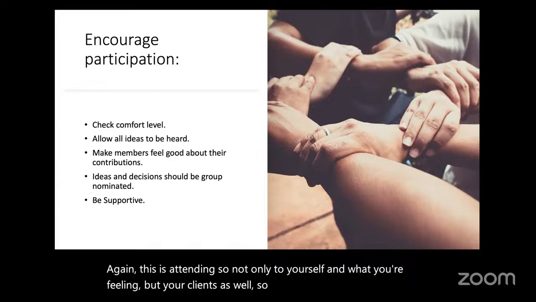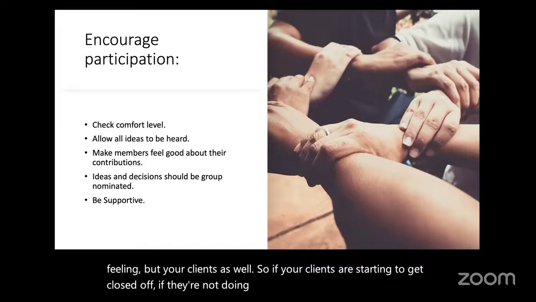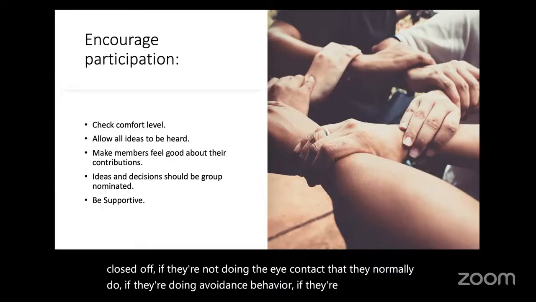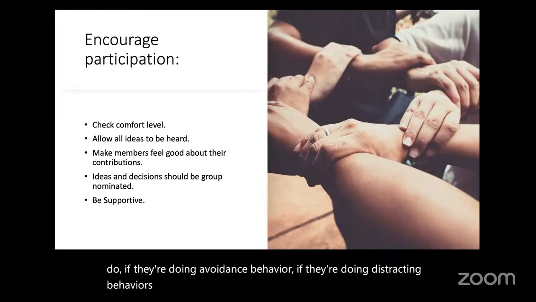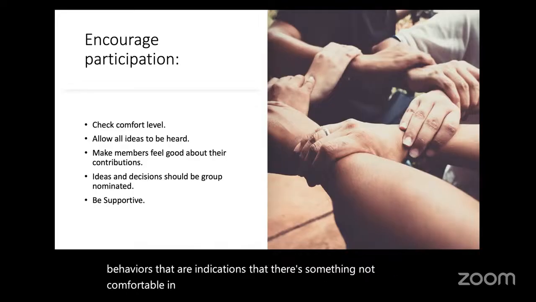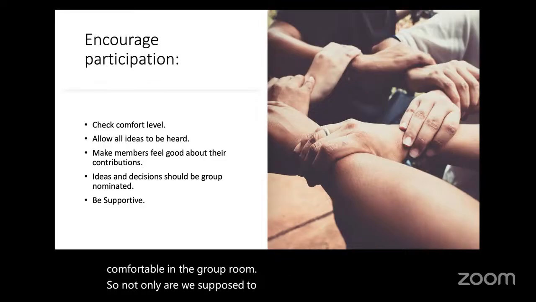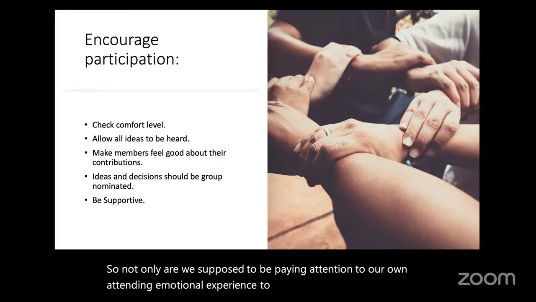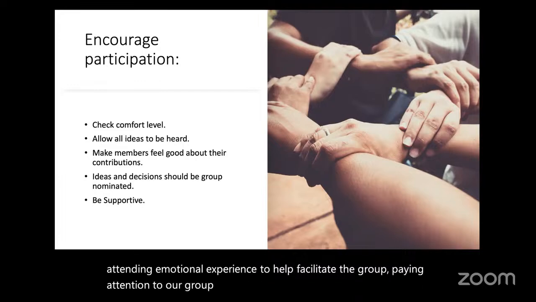So if your clients are starting to get closed off, if they're not doing the eye contact that they normally do, if they're doing avoidance behavior, if they're doing distracting behaviors, those are indications that there's something not comfortable in the group room. So not only are we supposed to be paying attention to our own attending emotional experience to help facilitate the group, paying attention to our group members and how they're reacting to what's going on is important.